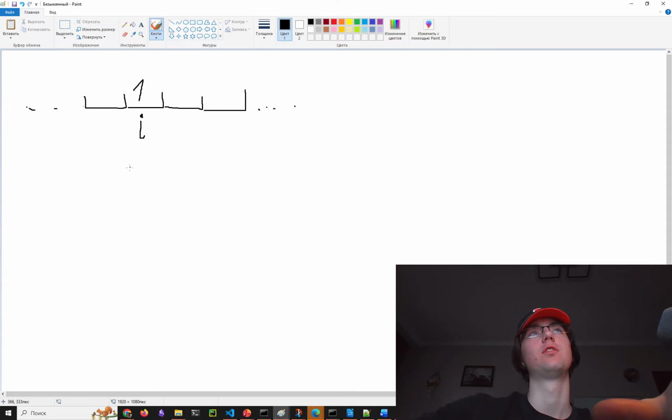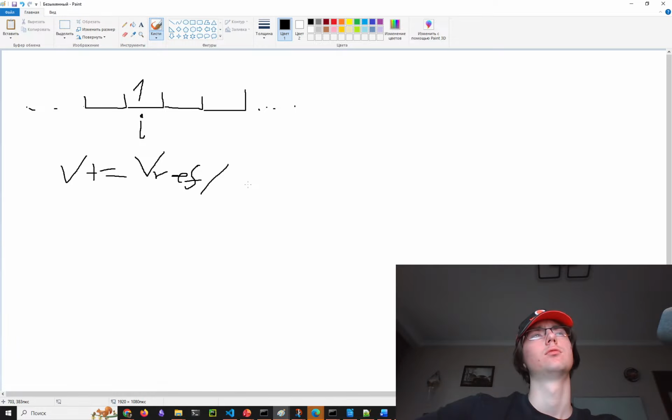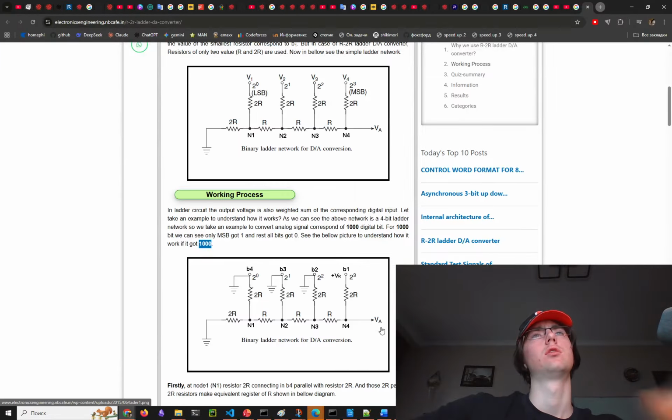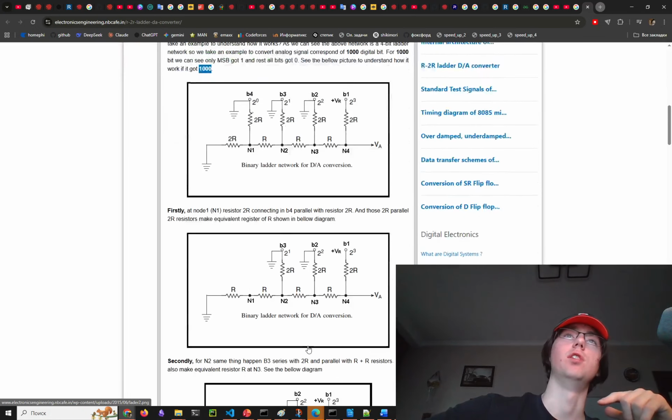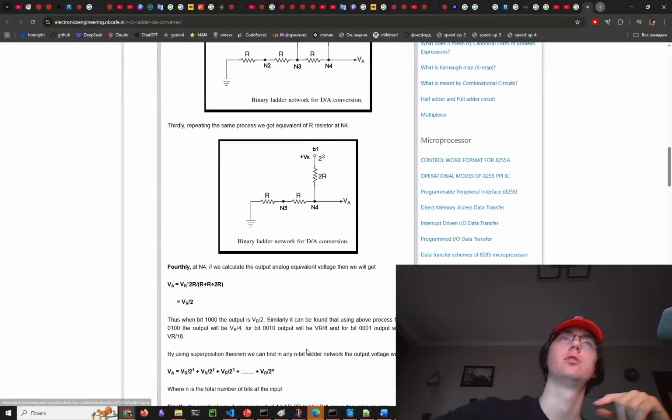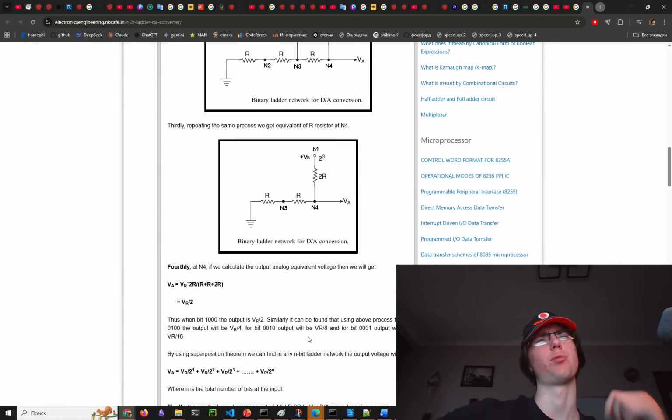If it's 1, then we have V, which will be more like Vref divided by, well, if the maximum is divided by 2, or am I getting something wrong?